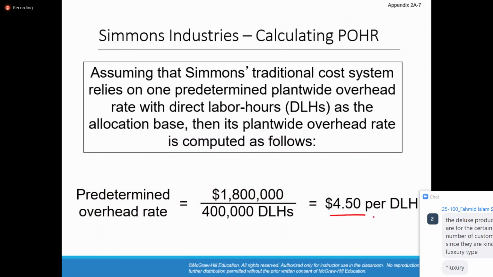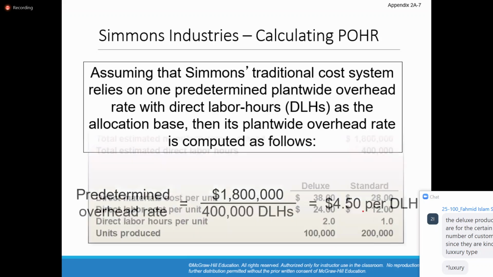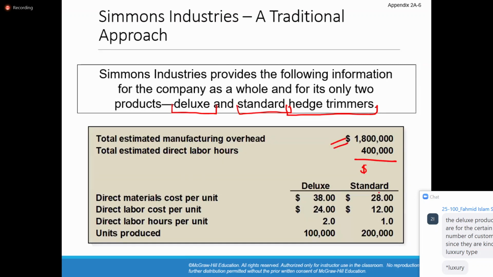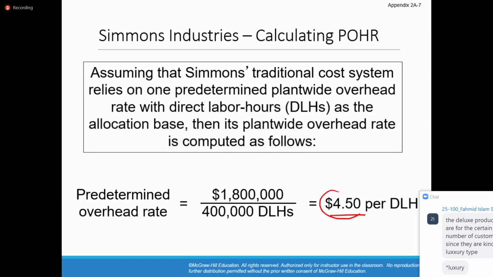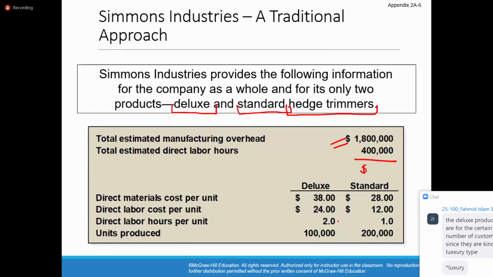Got it? So what we need to do now is apply this to the deluxe product and the standard product separately. We see that for deluxe product, 2 direct labor hours are used, so we can apply this overhead rate for deluxe product in this way, 2 multiplied by 4.5. And for a standard product, we multiply 1 by 4.5, so that we have the manufacturing overhead cost.